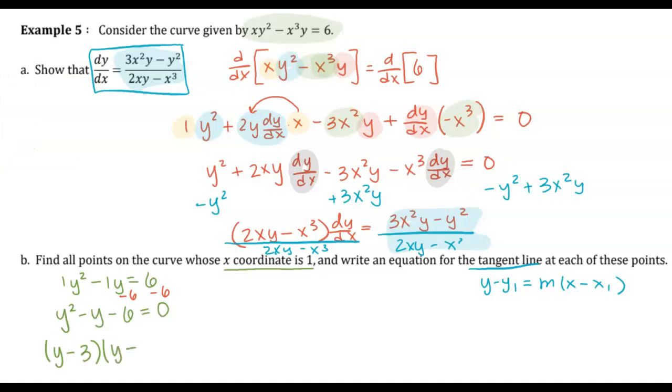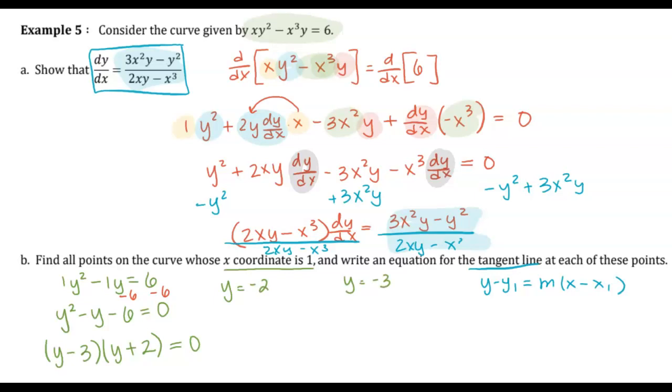I had an old student, Stan, who refused to ever factor anything and always used the quadratic formula, which is a choice and it will always work. Anyways, we get two possible y values: a y of -2 and a y of -3.